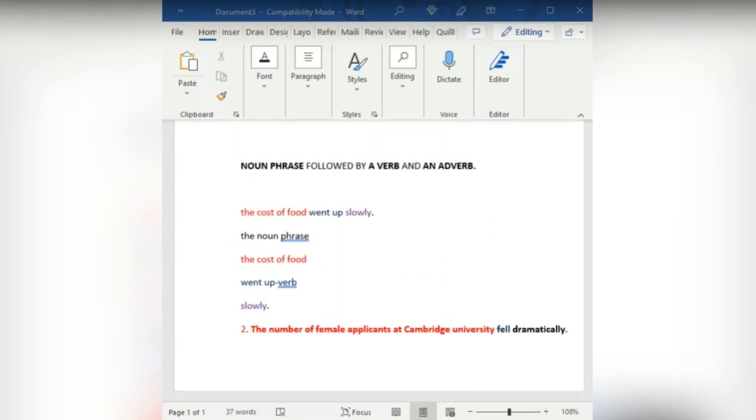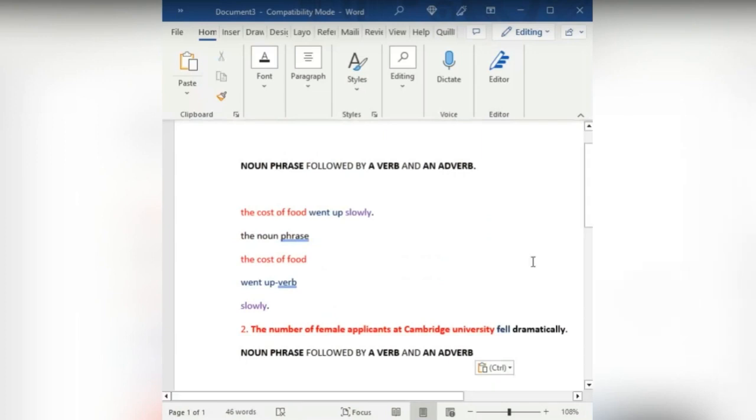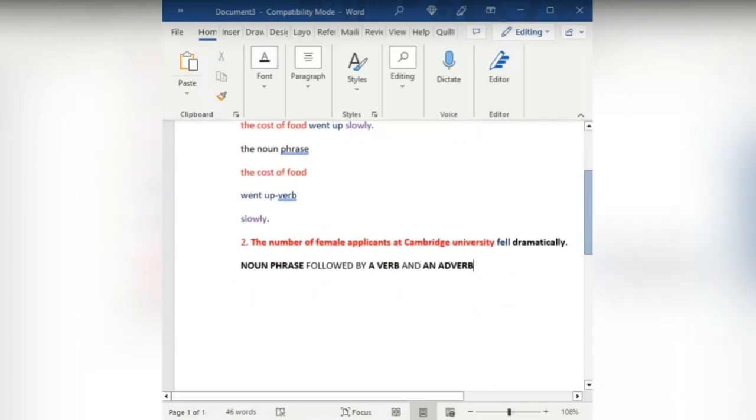So I'm going to give you a challenge. I'd like you to take these words that I'm going to mix up and put them in the right order to make a sentence using the grammar structure that we have been working on today: noun phrase plus a verb plus an adverb.